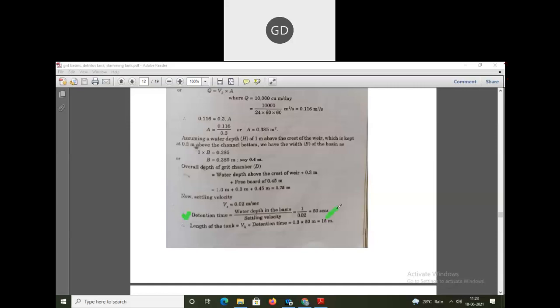So now you find out the length of the tank. Length of the tank is velocity into detention time. That is your horizontal velocity 0.3 and your detention time 50 seconds. That is 15 meter, they are getting as the length of the tank.